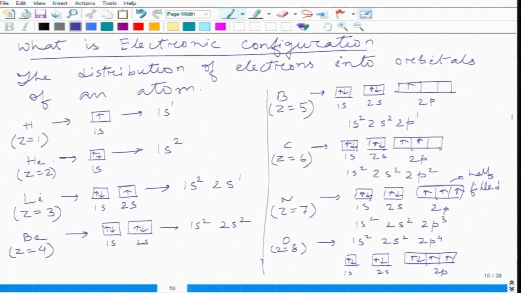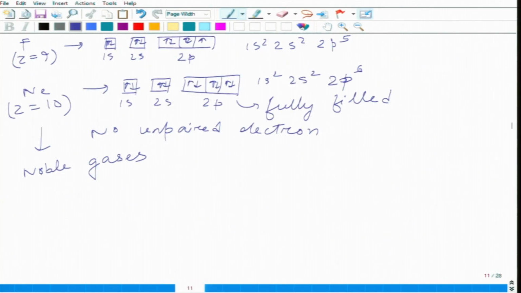Before this, helium was also a noble gas because it has 1s2. These are also called inert gases because they are very less reactive. They almost don't react.